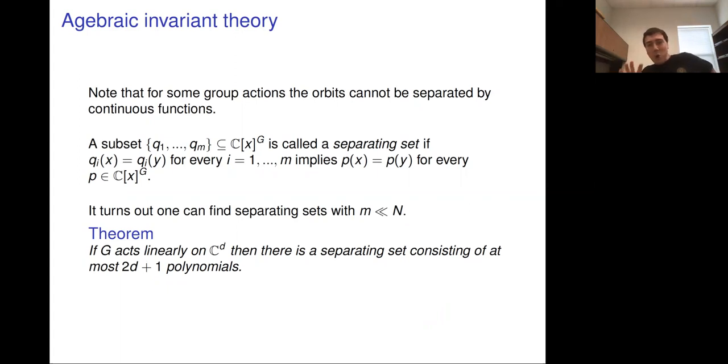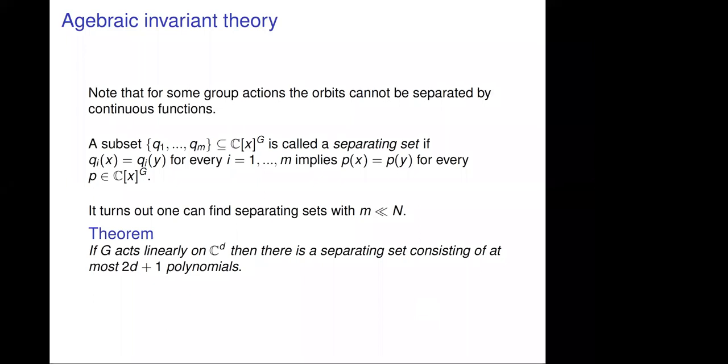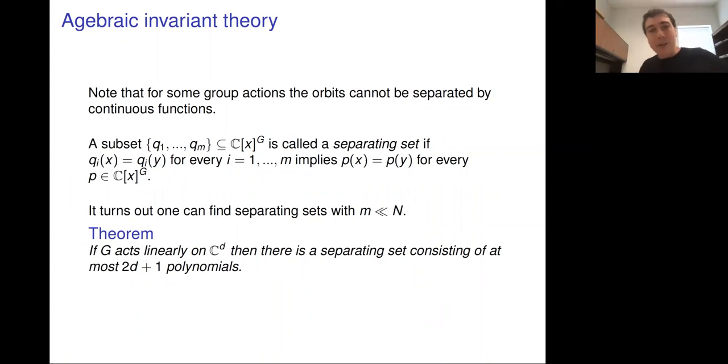There is one little subtlety that I want to point out here. If you go and read any of the literature on this problem, the way the algebraists use the word separating is slightly different from the way that I've been using it here, and that's what this definition of separating set says.